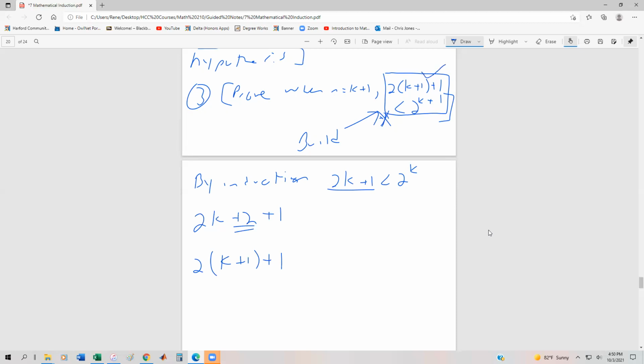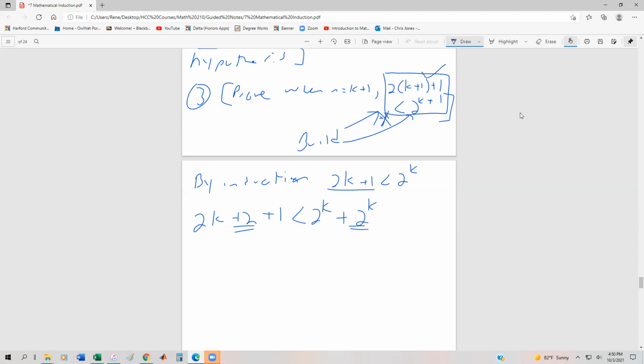That gives me the left-hand side. On the right-hand side, I'm going to add another 2 to the k. That's what we're trying to do: add something to both sides that's going to build this inequality.